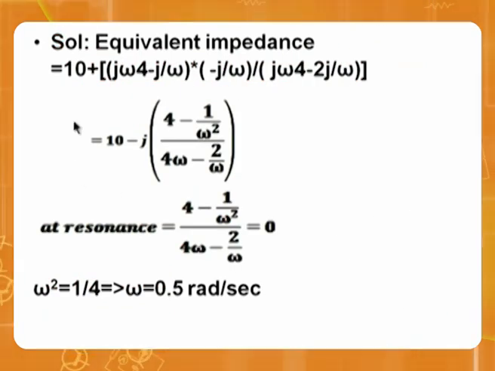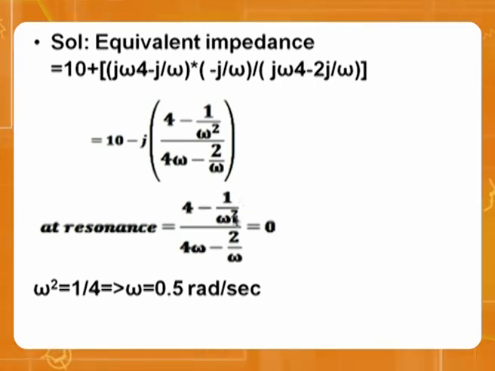Look at here, 10 plus j omega minus 1 by omega in parallel with this. If you convert and rationalize this term, you will get here. As I told you, any resonant frequency will come when you say at resonance the j term is 0. This will become 4 omega minus 2 omega becomes 0.